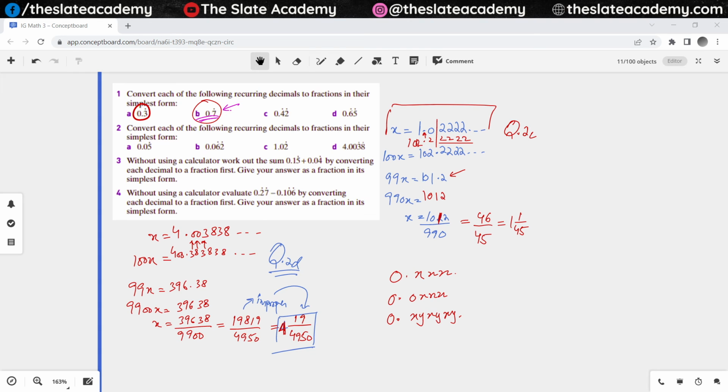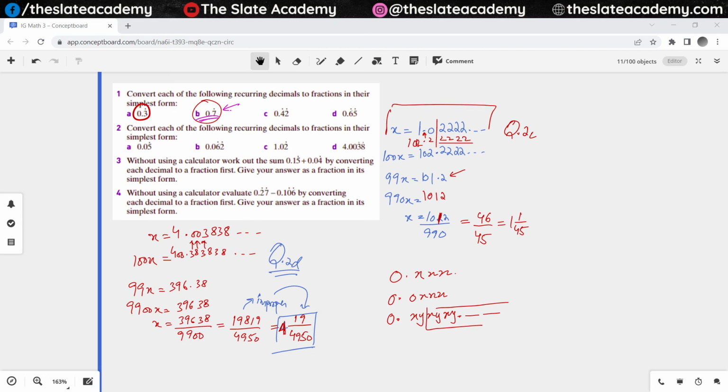What we are trying to do is get rid of this recurrence till infinity. For that we have to do subtraction. That is rule number one: recurring decimals are solved by subtraction. One equation we obtain from the number itself; whichever number we have, we suppose it to be equal to x.